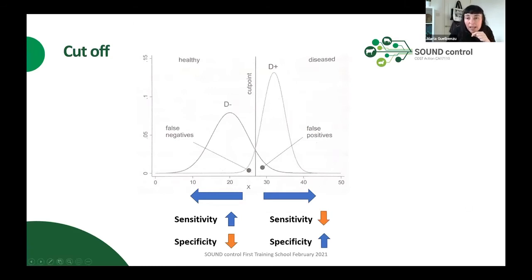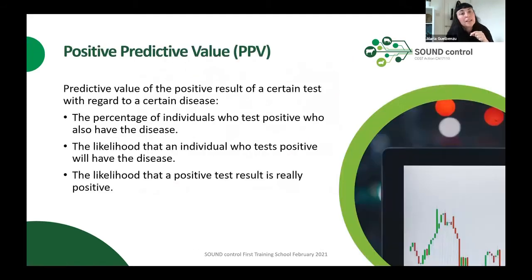Another important characteristic of our test is to look at the predictive values. The positive predictive value is the percentage of individuals who test positive who also have the disease, or the likelihood that an individual who tests positive will have the disease, or the likelihood that a positive test is really positive.